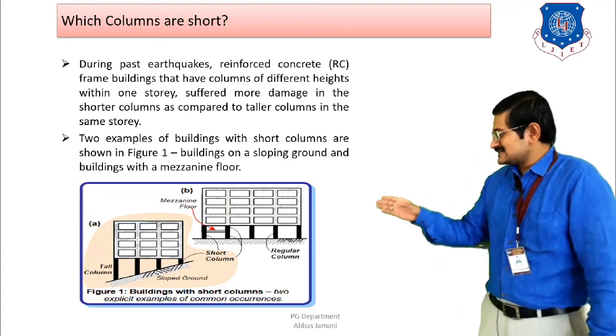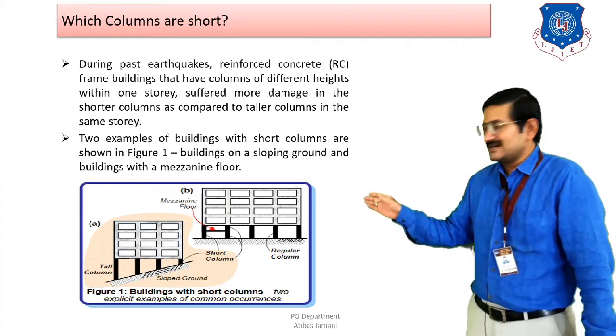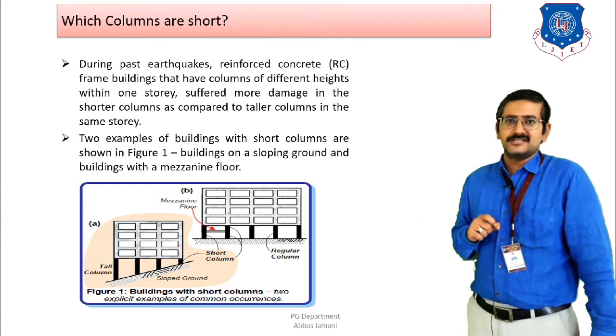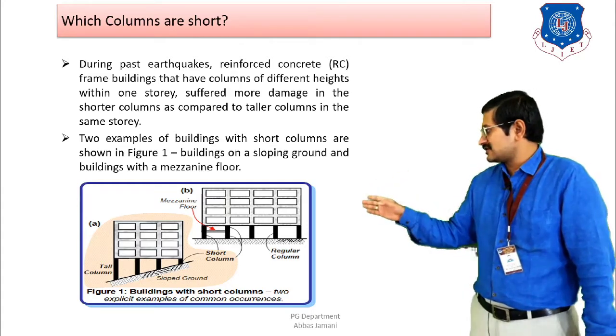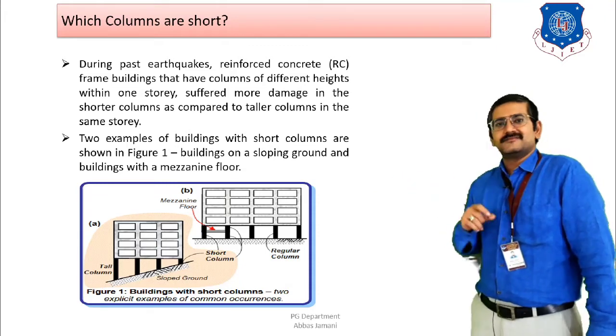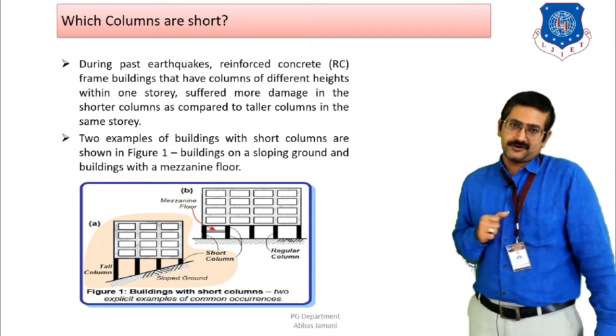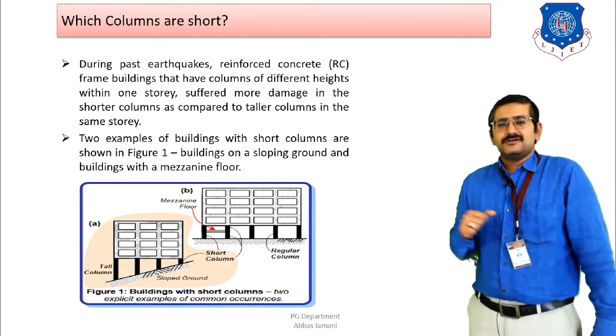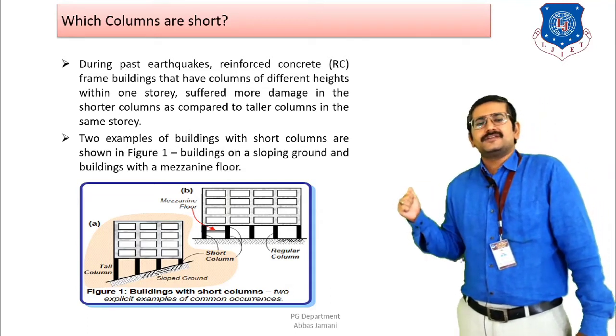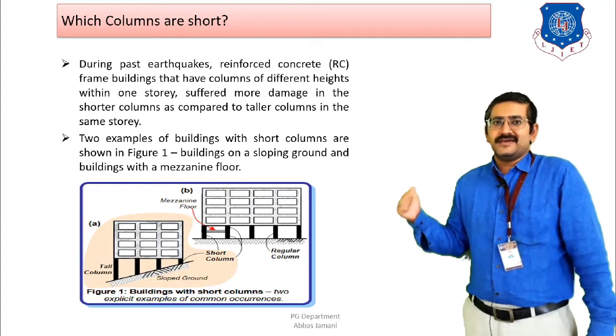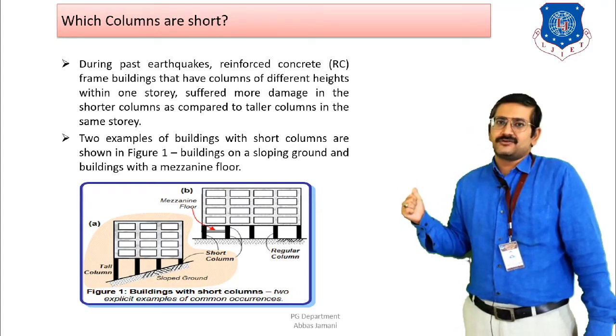So the extreme end of the building where the column height is more is indicated as the tall column, and the other end where the available column height is very less is known as the short column, right? Wherever the unsupported length of the column is reduced, the effect of the short column is likely to come into the picture.